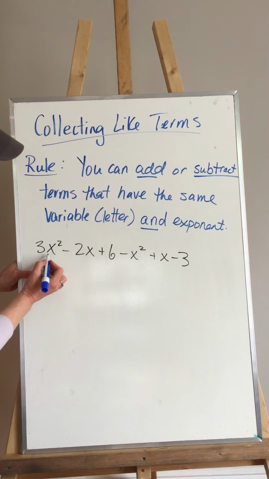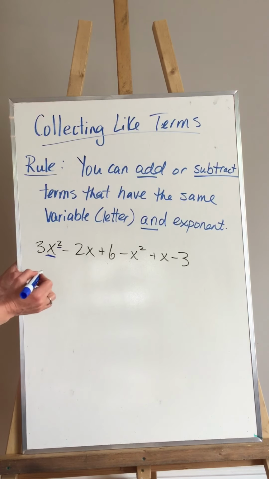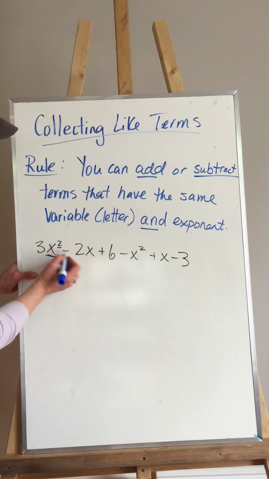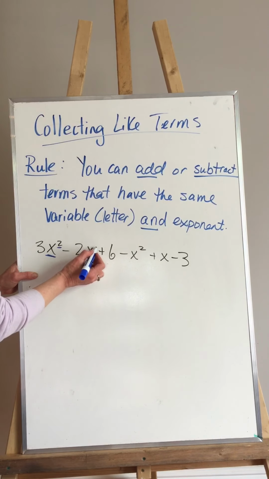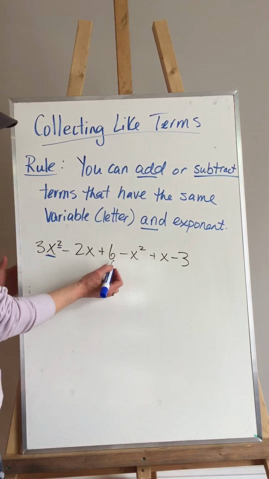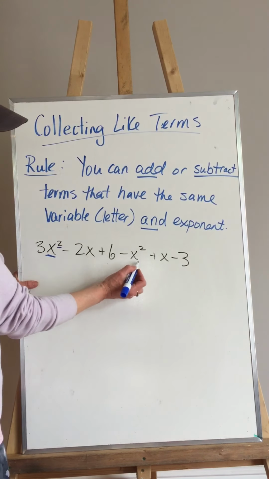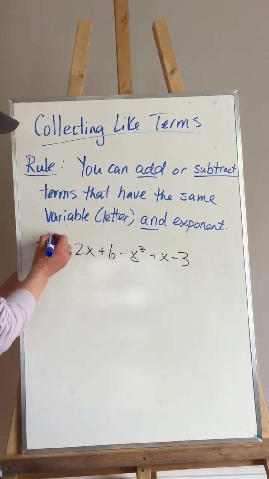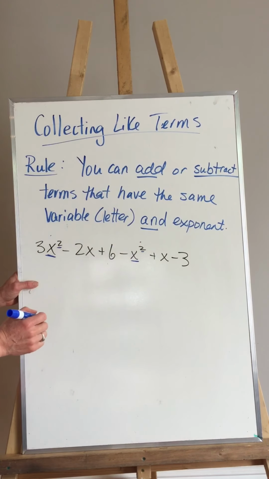So this here's the letter x and the variable 2. So x squared. This is x, but it's not squared, so it's not in the same group. This doesn't have any variable at all, so different group. This one has x and it's squared. So these 2 here are in the same group.